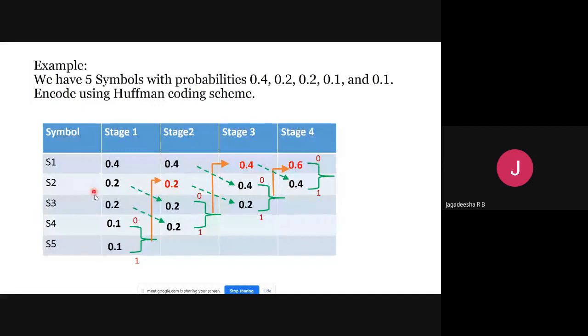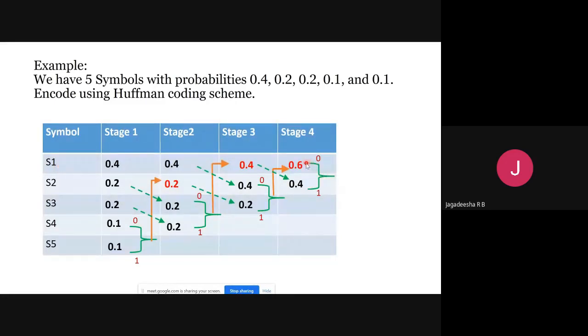So we have to do that now. I will just tell you how to do that for maybe one symbol. So first symbol is S1, right? What is the code word we can assign from this table? So we need to find a backward path from here to S1.